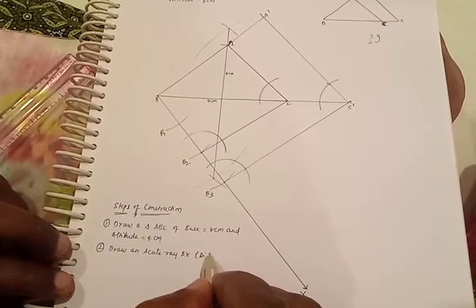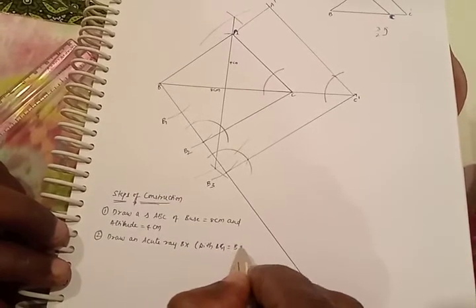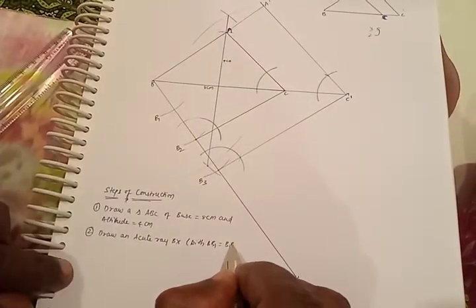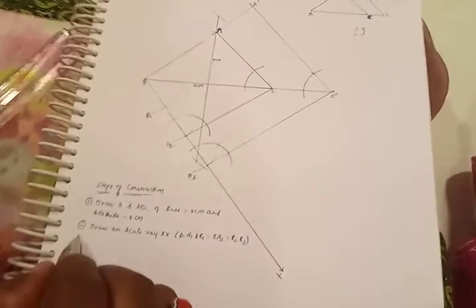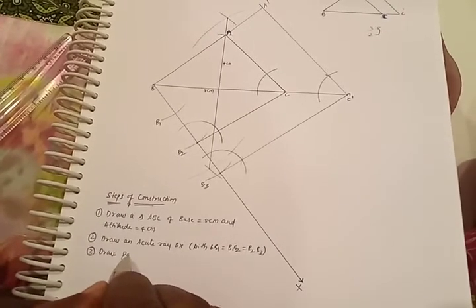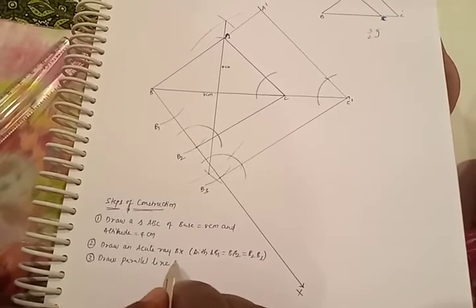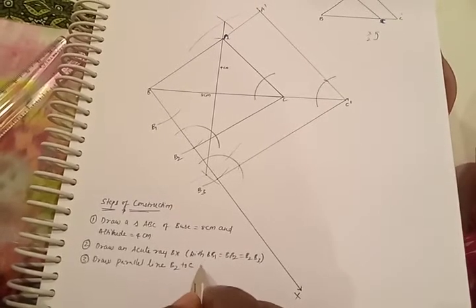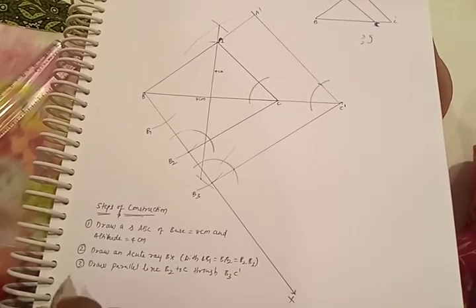With B1 B2 equal to B2 B3. Next, third one, draw a parallel line to B2 C through B3, C dash.